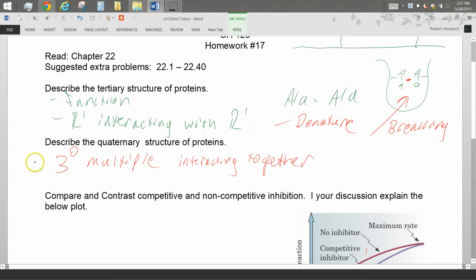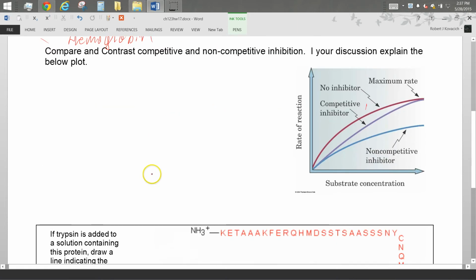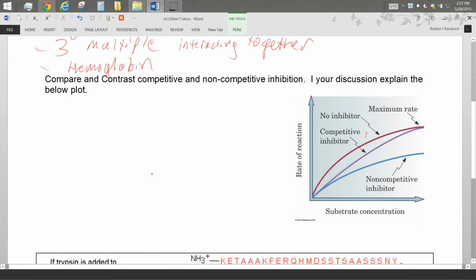Can you give me an example of something that's got a quaternary structure? Hemoglobin. Okay, how about a comparison between competitive and non-competitive?